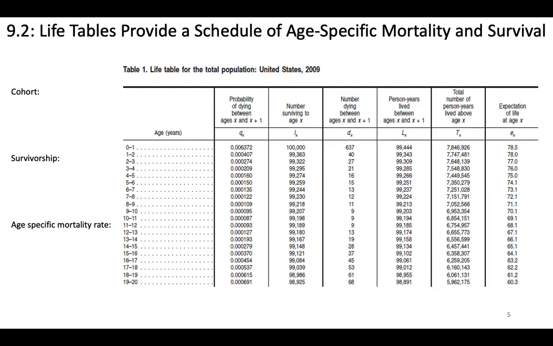But if you want to take these models outside to animals, for instance, you need to account for age-specific mortality, because not all individuals have the same probability of dying or giving birth at the same ages. And that's where a life table comes in.